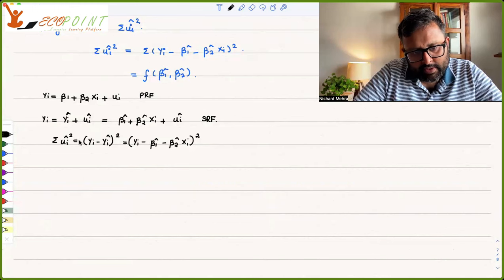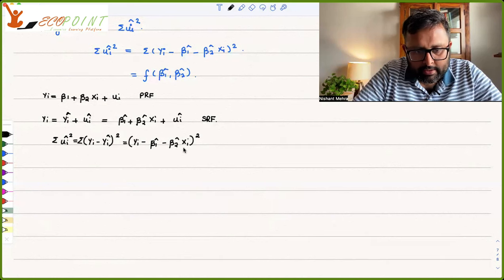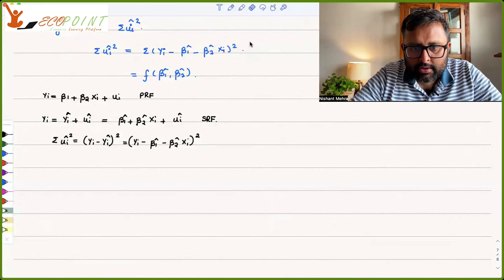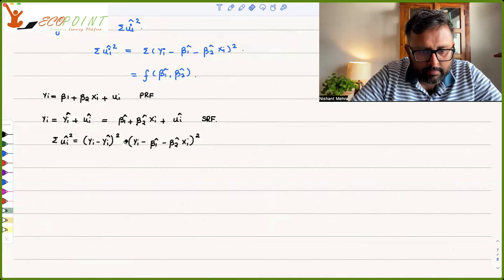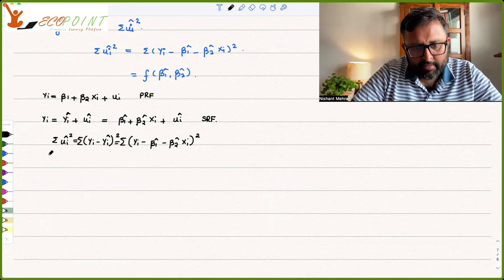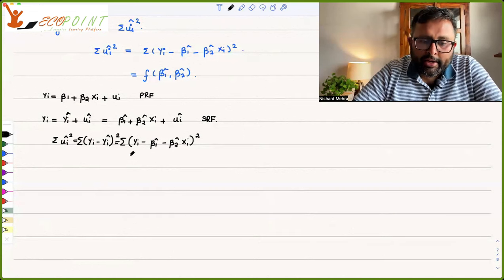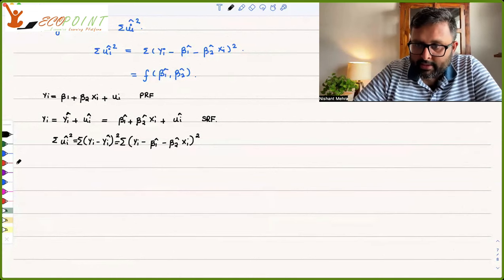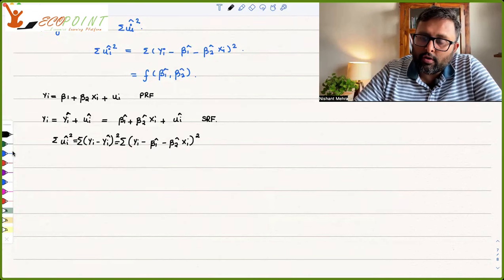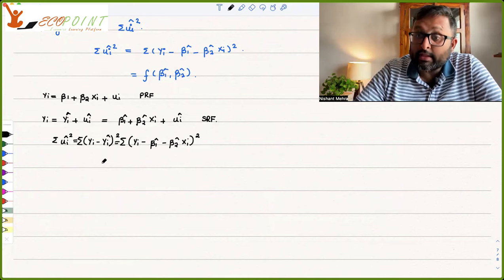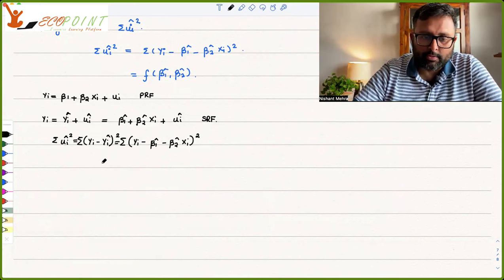And then I sum this square. I need to minimize this residual. I need to find such beta 1 hat and beta 2 hat which are going to minimize the sum of squares of residuals.